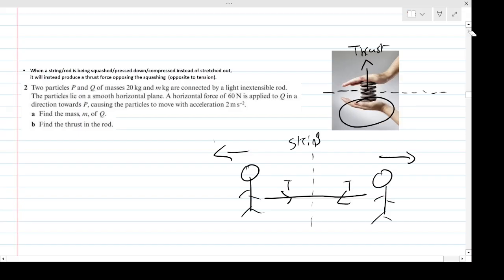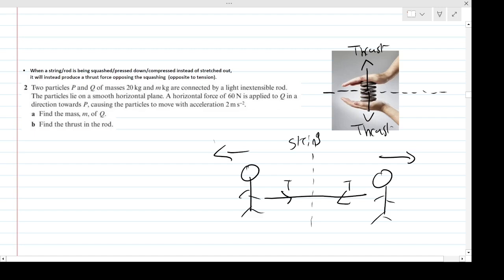Likewise, the hand on the bottom is trying to push or squeeze the spring up. So if the hand is trying to squish the spring up, at that end, the spring is going to create a downwards force, which is again thrust, okay? So thrust is when we're squashing down and condensing or compressing a string or spring or anything like that, rather than being stretched out.